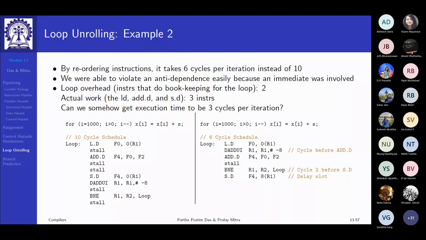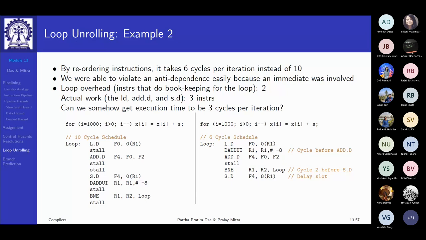And as I have already moved the decrementation of R1 above, the stall between this decrementation and branch is obviously disappeared. So you can see that out of the 5 stalls, 4 have been removed. So I have a 6 cycle schedule now for this, which is certainly much better than a 10 cycle schedule.